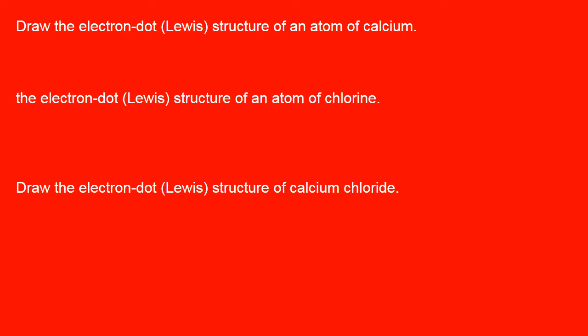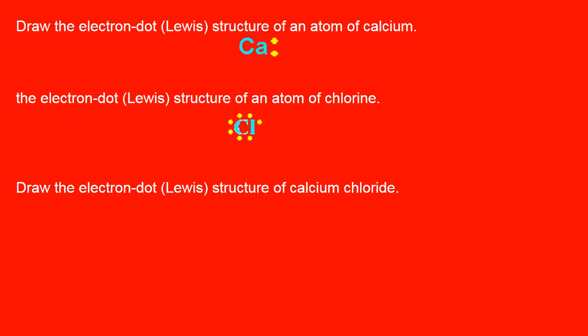To draw the electron dot formula for calcium chloride, first draw the electron dot or Lewis structure of the calcium atom. You write Ca for calcium and put 2 dots around the calcium atom. Second, draw the electron dot or Lewis structure of a chlorine atom.